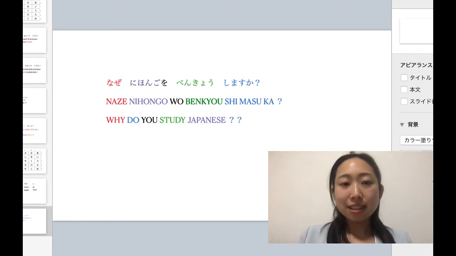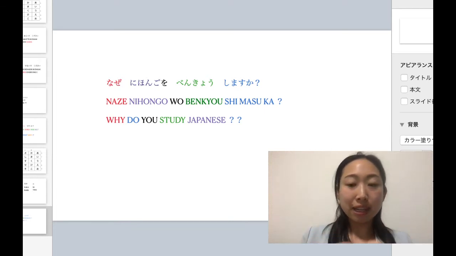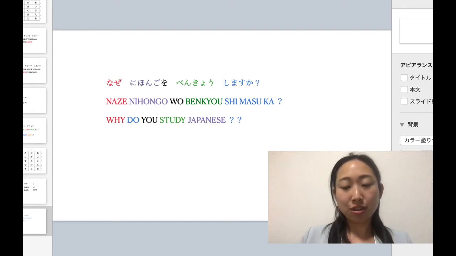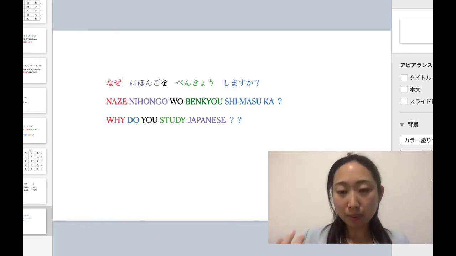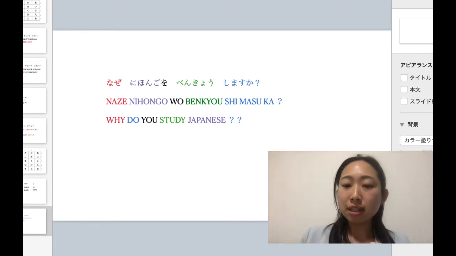Actually, in the last time, we did some intonation, emphasis structure. So when it said like トイレはどこですか? Where is the bathroom? But you want to ask トイレはどこですか?